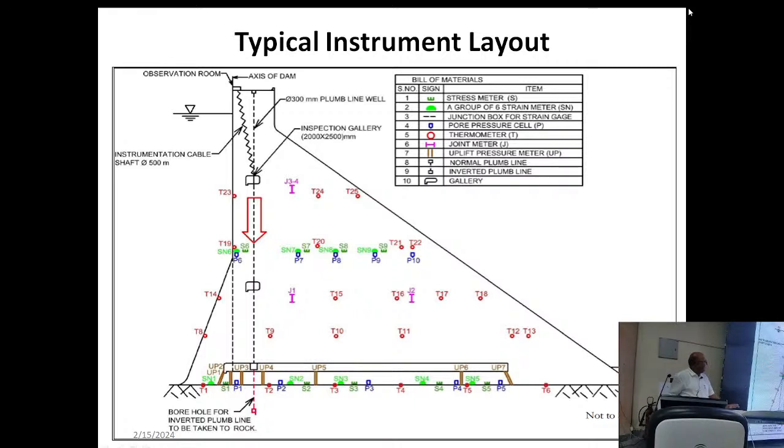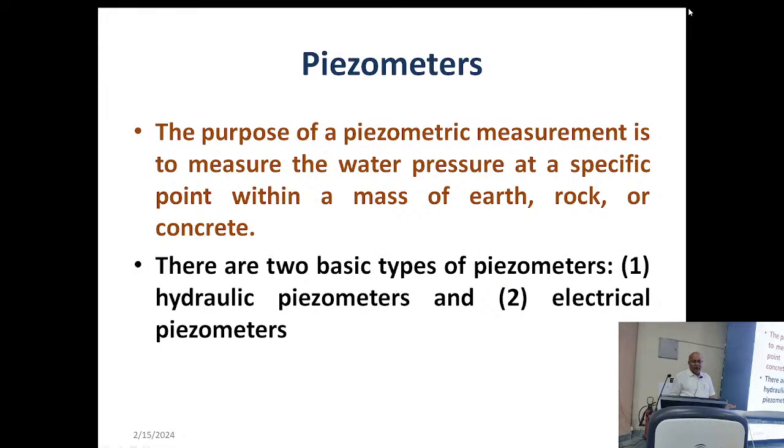The temperature you can outline in the gallery.